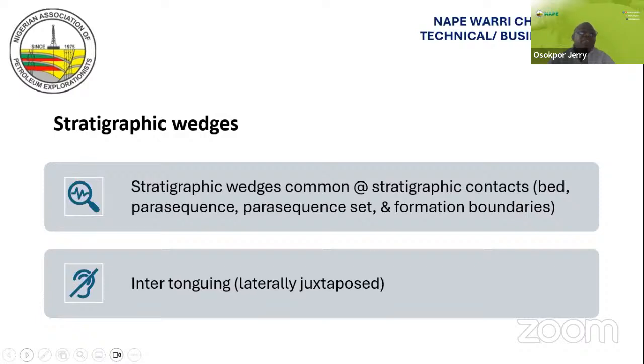What are we looking at? Is it a stratigraphic wedge in the form of intertonguing, which is actually lateral juxtaposition in the lateral dimension, lateral axis of the formation? Let's look at it. Because actually stratigraphic wedges are features that are common in geologic settings, especially within sequences. Next slide.